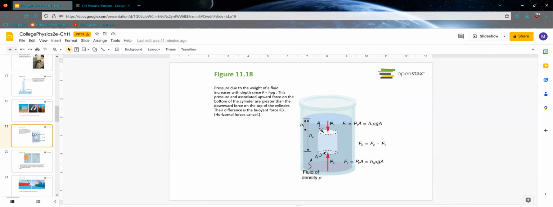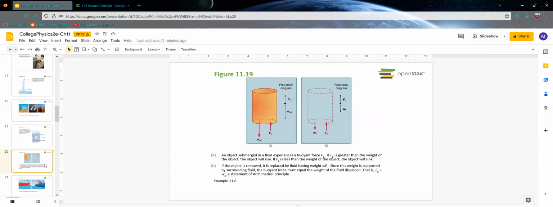When a fish changes its swim bladder, it's increasing or decreasing its entire average density, so it's able to rise and drop by adjusting how much air it's holding inside. The less air it's holding, the denser the fish's body becomes, and therefore it will sink.